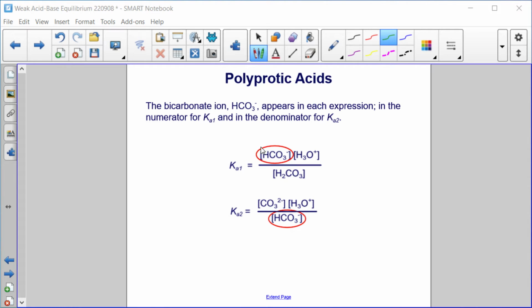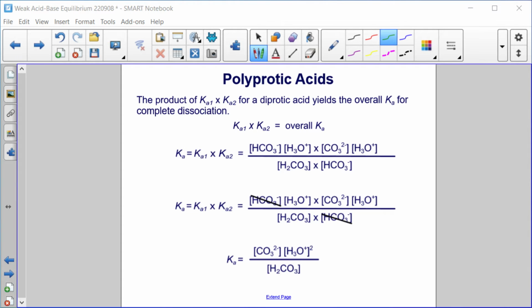The bicarbonate ion, HCO3-, appears in each expression, circled in red, in the numerator for Ka1 and in the denominator for Ka2. The product of Ka1 and Ka2 for a diprotic acid yields the overall Ka for the complete dissociation.